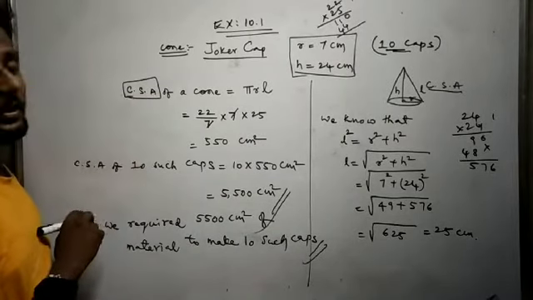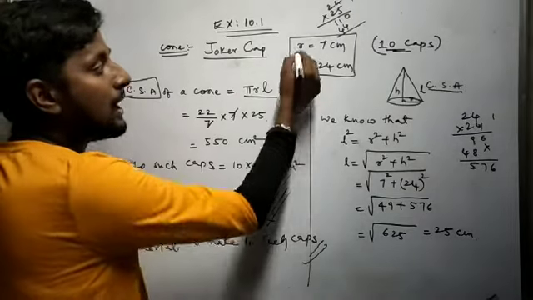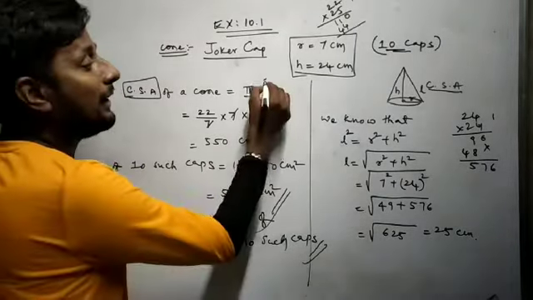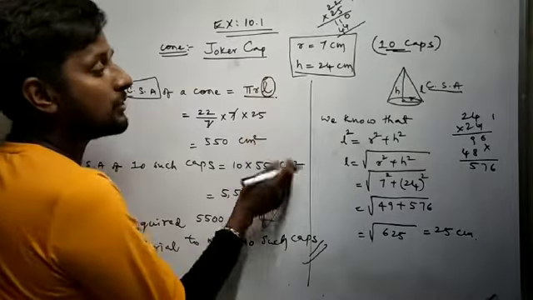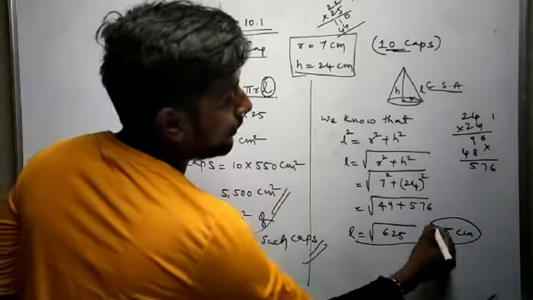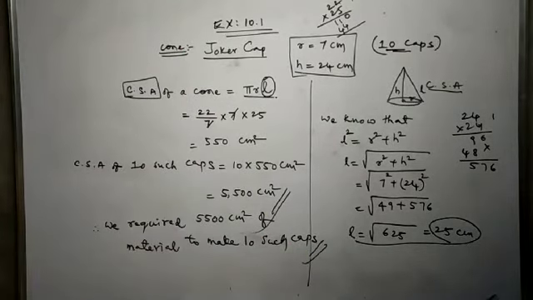After that I wrote the formula of CSA, and later I checked whether all values were given or not. L hasn't been mentioned in the question, so by using the relation I found the value of l. Later I substituted. So that's our first question, beta.